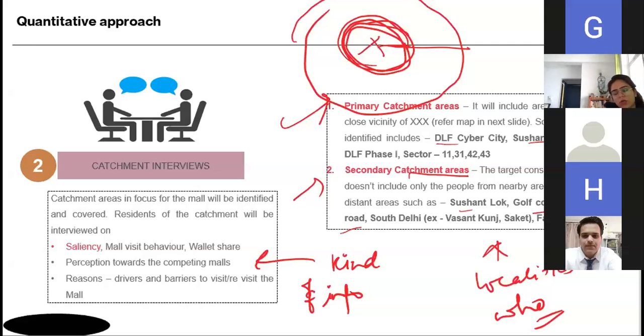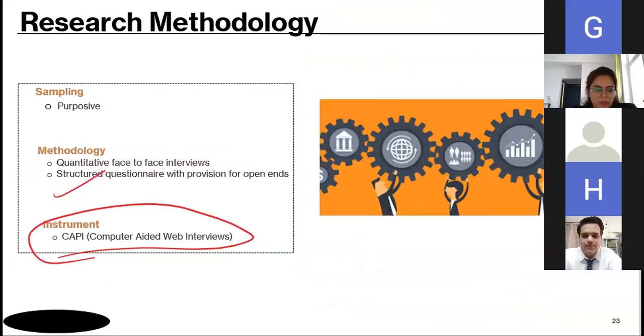If we are doing shopping mall intercepts, we can't do interviews of longer duration, say 15 to 20 minutes. That's why we decided to do a short interview at the mall, take the profile identification details such as address, and conduct the second round of interviews at these catchment areas.